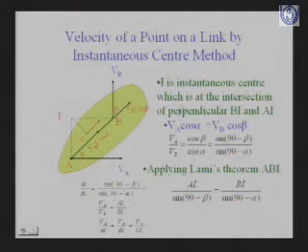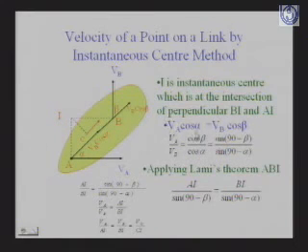How have we determined it? It is the intersection of the perpendiculars BI and AI. We have dropped perpendiculars to the directions of the velocities, and these two lines intersect at this point, which is known as I, the instantaneous center. About this point we can say that this link has a pure rotational motion.